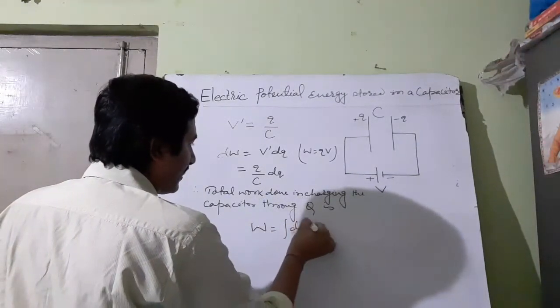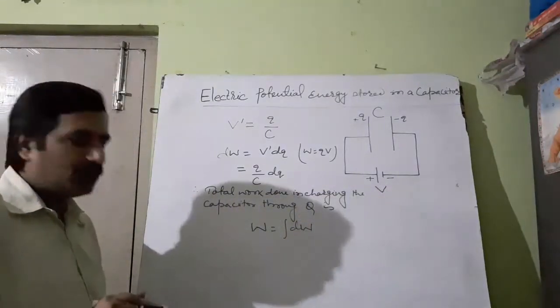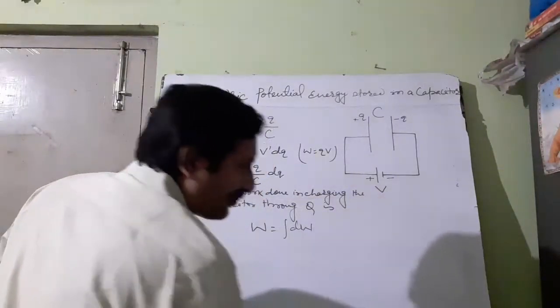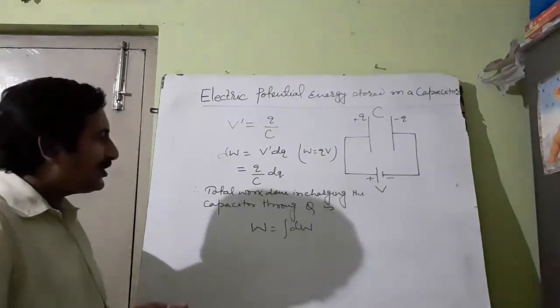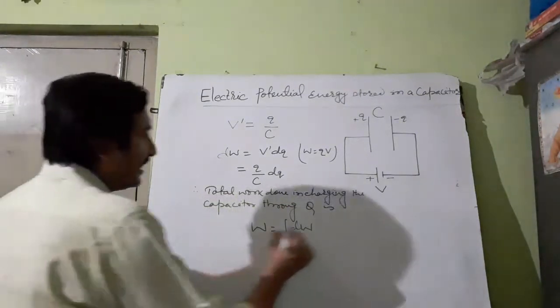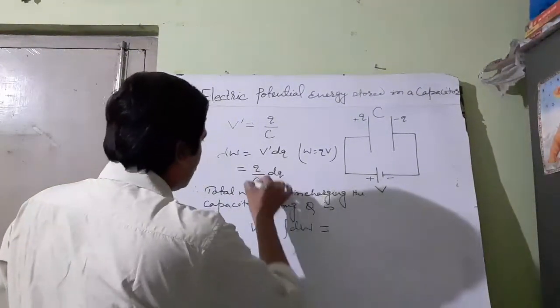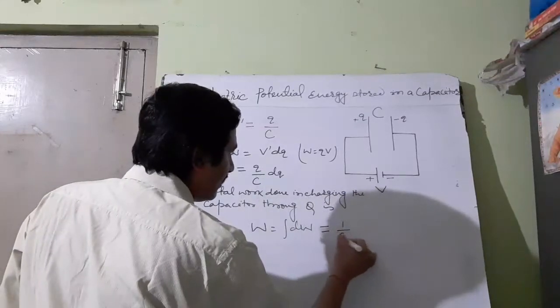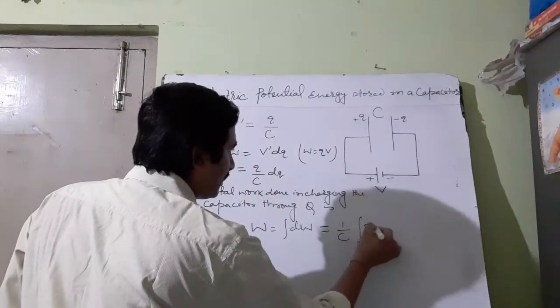You know work is a scalar quantity, so there is no need to worry about vector properties. W is equal to integration of dW. It is equal to 1 by C integration of Q dQ.